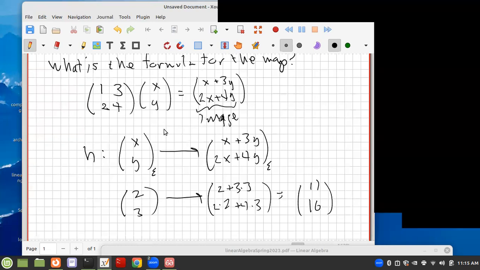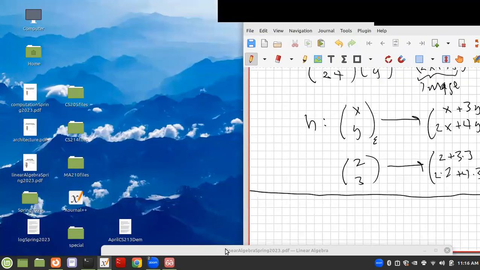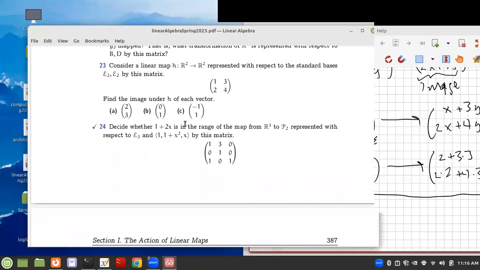It respects linear combinations because it produces linear maps, which isn't obviously apparent from just the definition, but you can see that it takes an x component and a y component and gives you a linear combination of those. Matrix multiplication gives you a linear combination in each component. That's why it turns out to be linear. So that was a review question. Are you okay with this? Any questions?